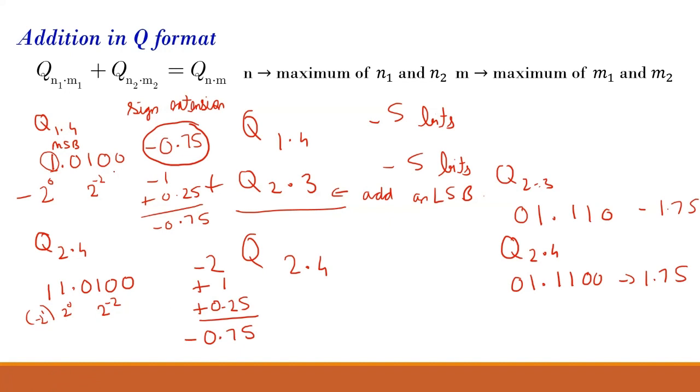So in this manner, when I change Q1.4 to Q2.4, I just use the MSB and add it. That is known as sign extension. When I'm converting Q2.3 to Q2.4, I'm adding an LSB and padding it by 0. I hope till here there are no queries, or if you have any doubts, please ask, because we'll be using all this.